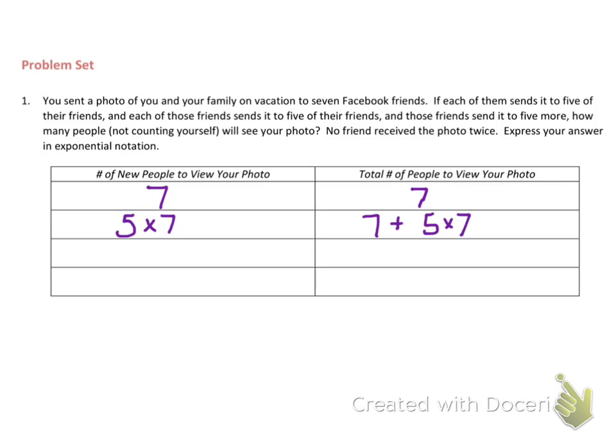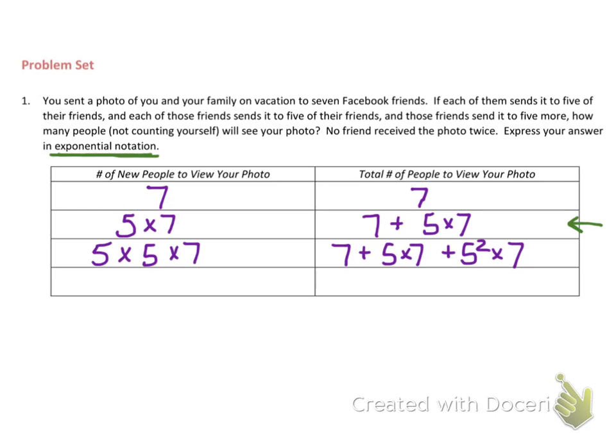And I could write that as 7 plus 35, and then I could say that that's 42, but that's not going to help me express my answer in exponential notation, which is what I want to do. So we'll keep going. Okay, so 7 plus 5 times 7. Now, if you did do that addition, then it made it hard to see the structure of this expression, but let's keep going.